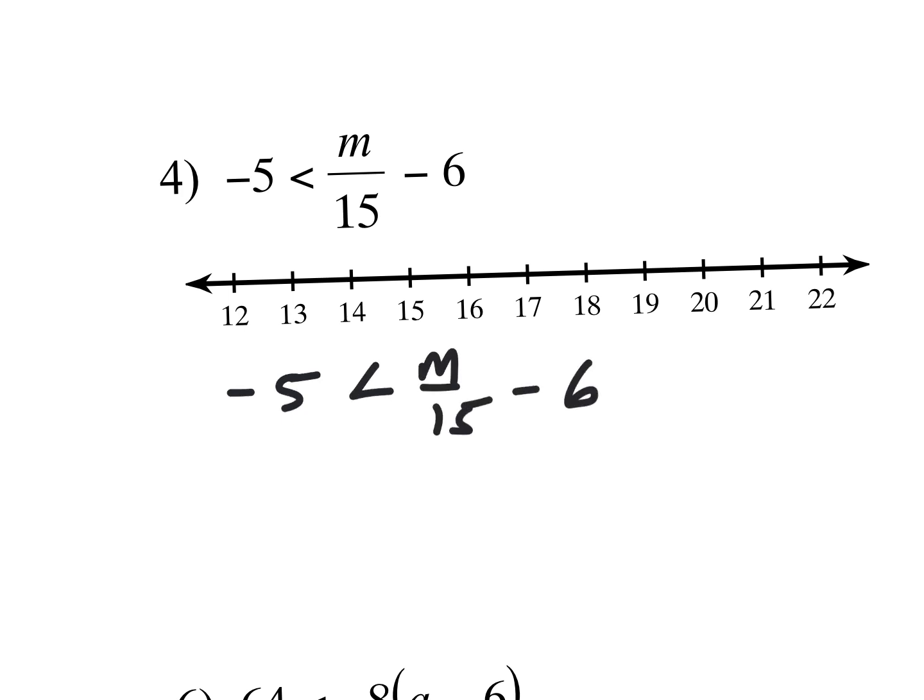one thing I want to warn you about. If you decide to get rid of that 15 first, you can. Are you adding, subtracting, multiplying, dividing? What are you doing with that 15? What does that 15 underneath the fraction bar mean? That means division.